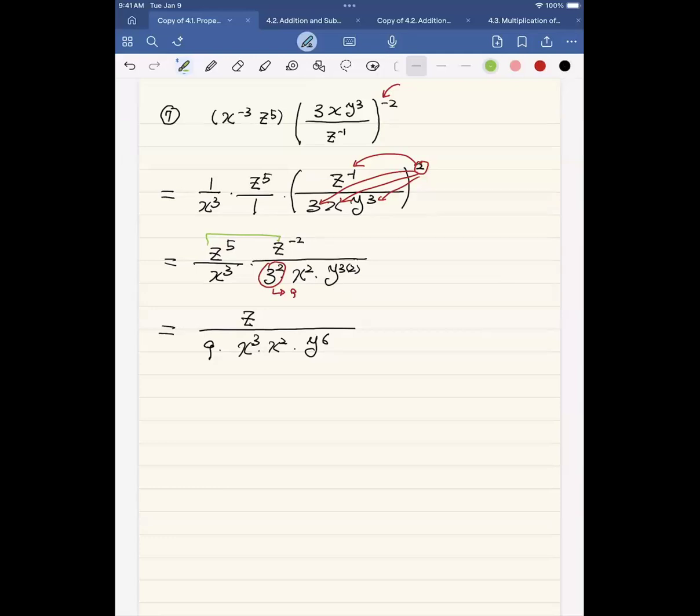So z to the 5th power minus 2. So that's z cubed over 9 times x cubed plus 2 times y to the 6th power. So that's z cubed over 9 times x to the 5th power times y to the 6th power.